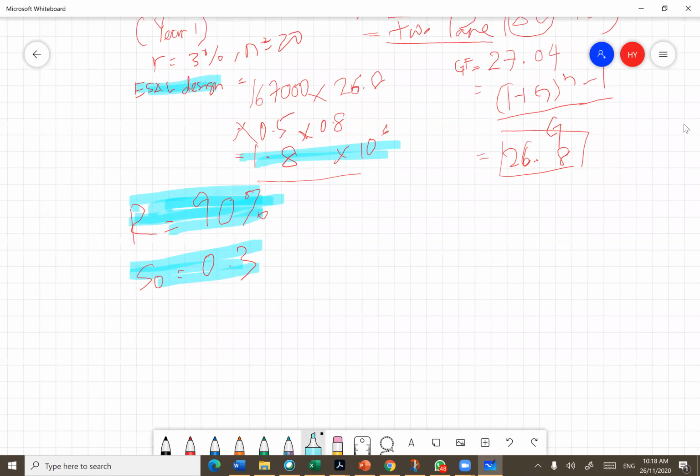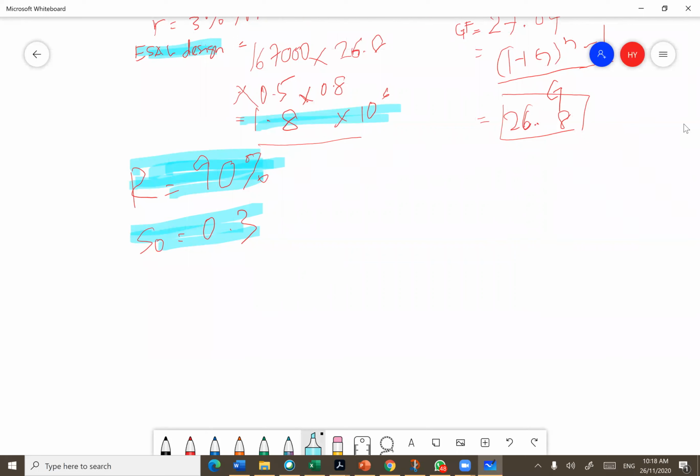Loss in serviceability, delta PSI, is 2, because we have 4.5 minus 2.5, which is 2. Okay, what else do we have for the variables?